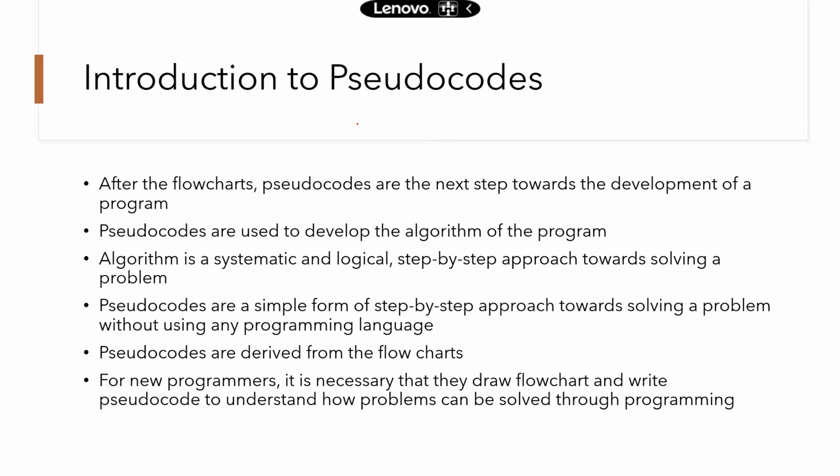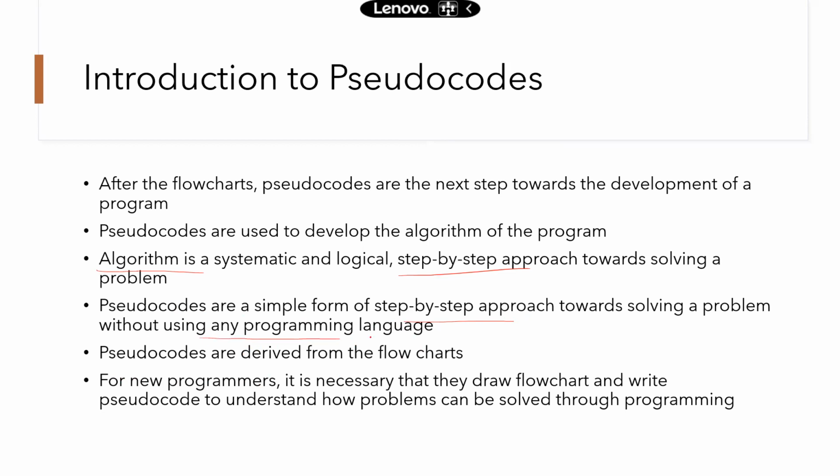Okay, so there are a few things which are important in this. One is that pseudocodes represent a logical step-by-step approach, and they turn out to be the formation of the algorithm. This is where your algorithms are formed. It is a step-by-step approach without any programming language.